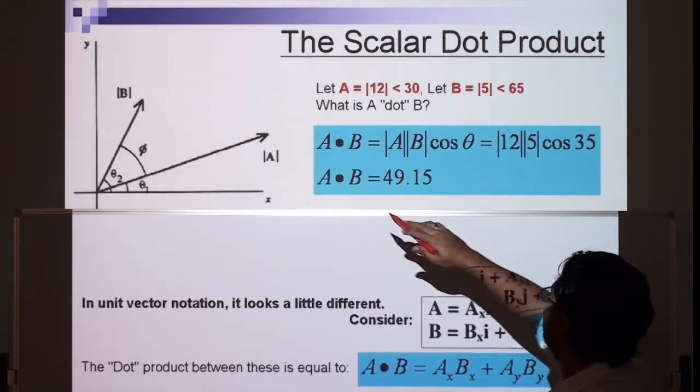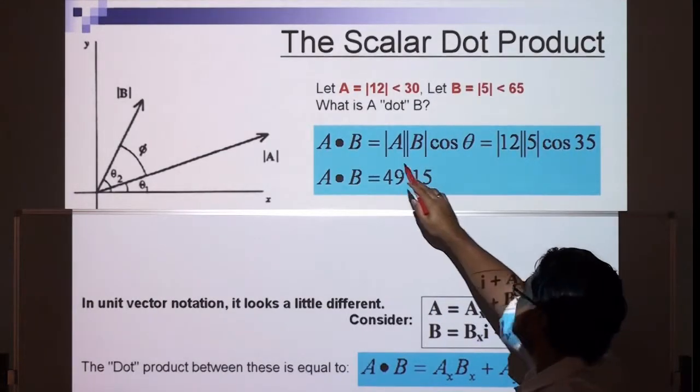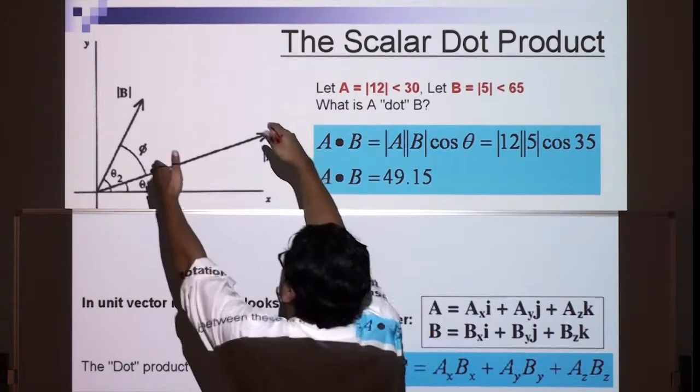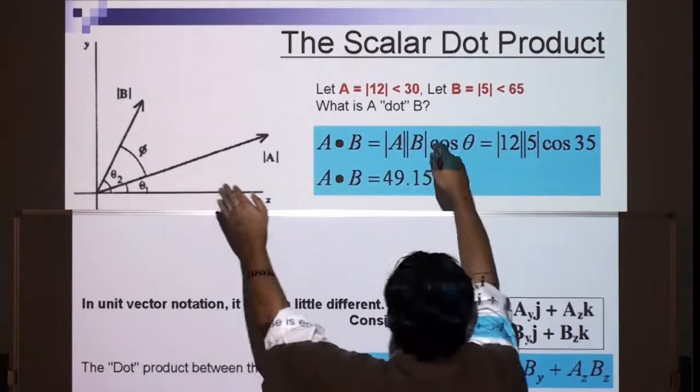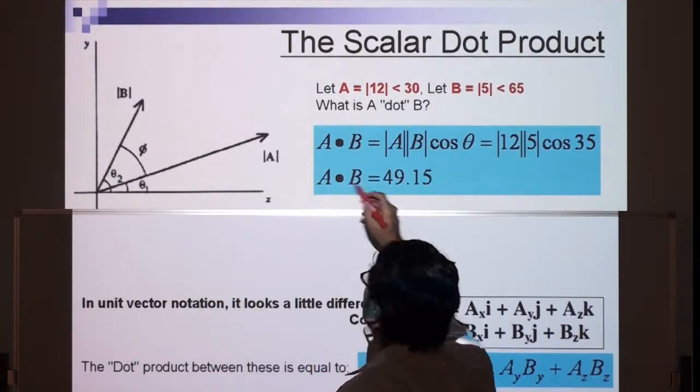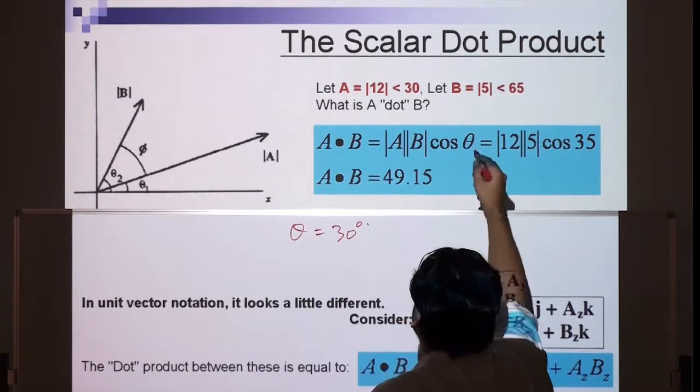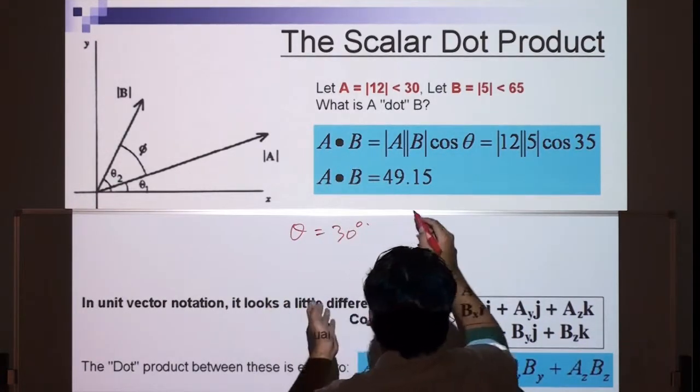So here we are on the same problem, the scalar dot product. Say, for instance, the absolute value of A is 12, maybe 12 centimeters, just imagine. And we have the angle 30 degrees; theta down there is equal to 30 degrees. Now B, the length of the line B, is 5.